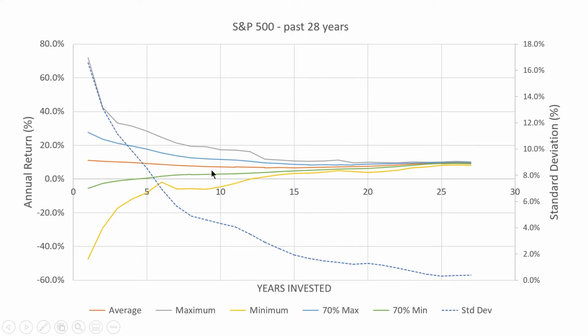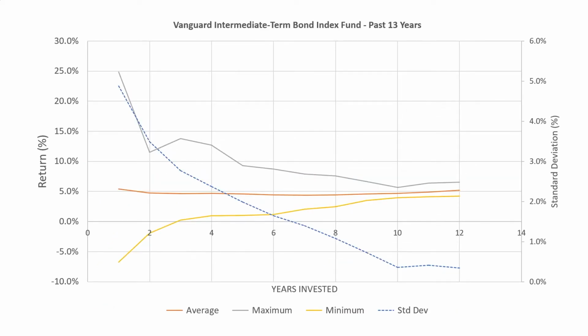So this is just for a little bit of statistics to understand better. If we do the same thing with bonds, and this is the Vanguard Intermediate Term Bond Index, which invests in high quality corporate and also in treasuries, you see that the average doesn't change much if you invest 2, 4, 6, 8 years.